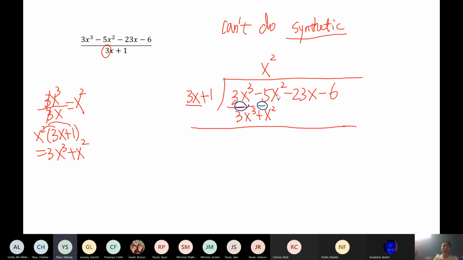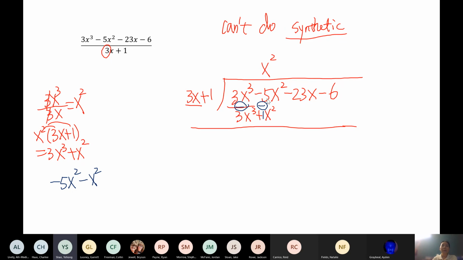So -5x squared minus +1x squared. You can type your answer in the chatting box. So it's -5x squared minus x squared. Okay, that's right.